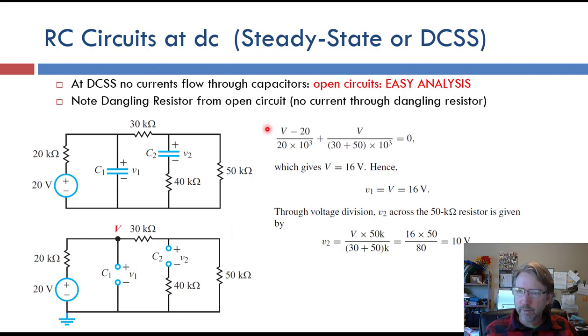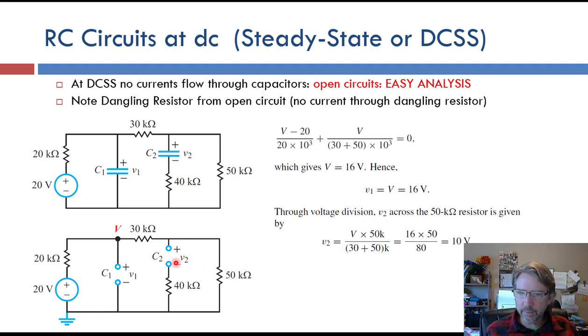So if we do node analysis solving for this voltage V, (V minus 20) divided by the 20 kilo ohm resistor plus V divided by these two resistors in series, 30 plus 50 kilo ohms, and we can solve for V. That gives us V1 because it's directly connected to V and the ground node, is 16 volts.